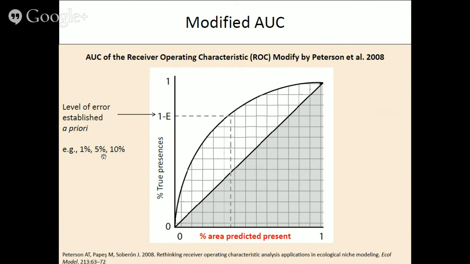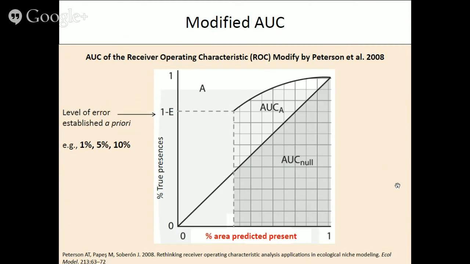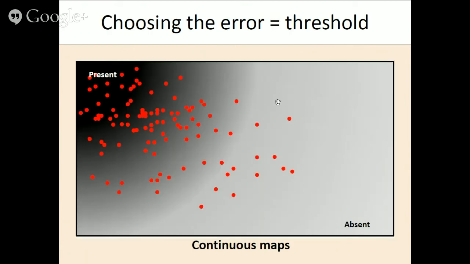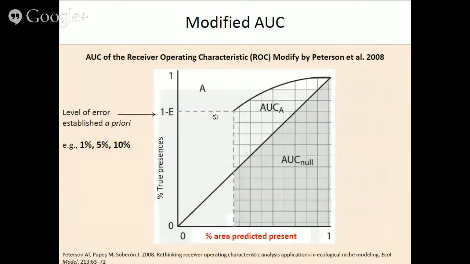So this level of error is going to be on this axis, and we are going to measure the area predicted only at that level. This error is going to be established as a threshold to create binary maps.